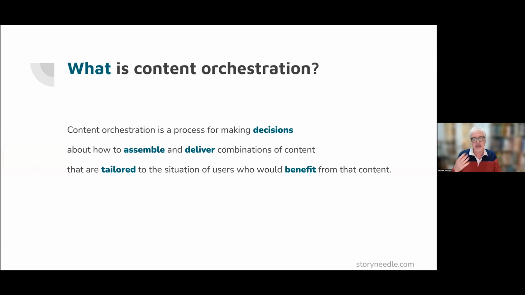So just to quickly unpack this, content orchestration is about a way to make decisions about the content that we're providing to people. And this is about a couple of dimensions of it. One is how do we assemble different pieces of content together and where does that content go, like what channels or touch points does it go to? And we're doing this with the purpose of tailoring it for different kinds of users in different situations.